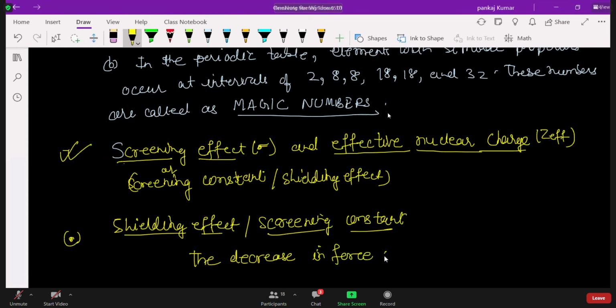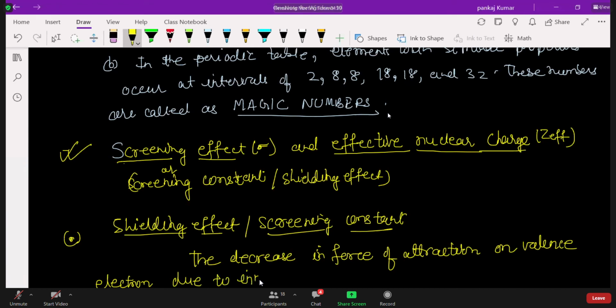The decrease in force of attraction on valence electrons due to inner shell electrons is called the screening effect.